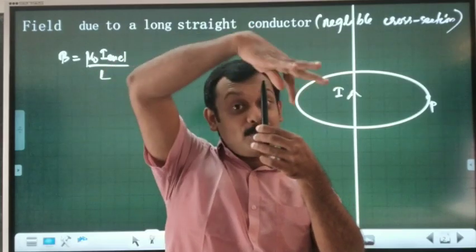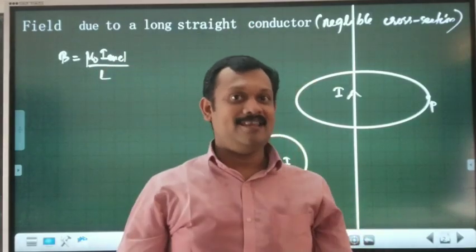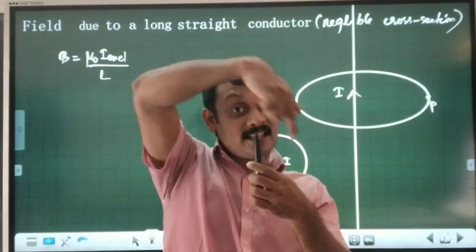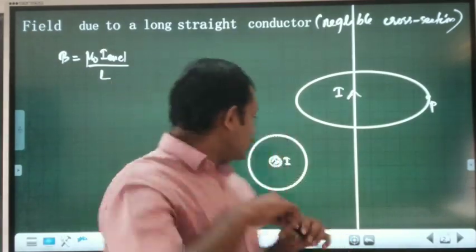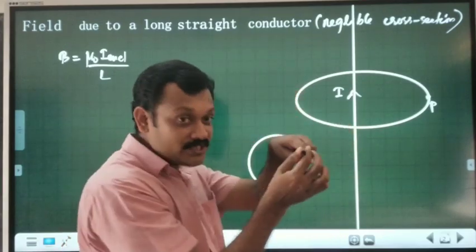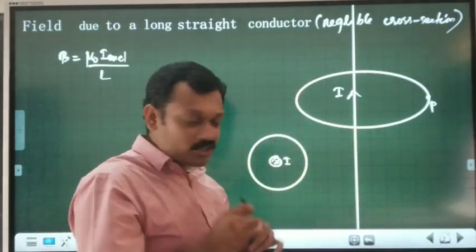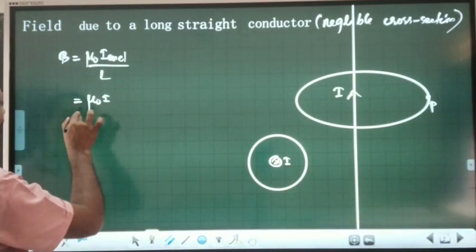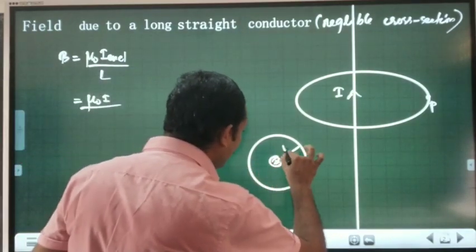The Amperian loop encloses the current I. If I have just taken the cross section of this conductor such that this current is coming out of the board, then this is mu 0 I divided by the length of the Amperian loop.